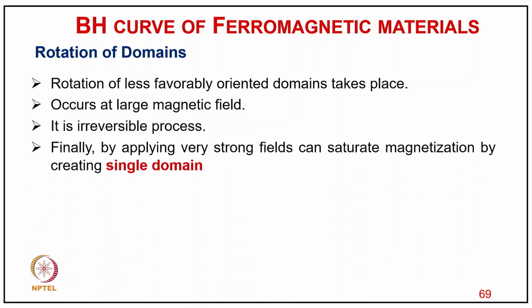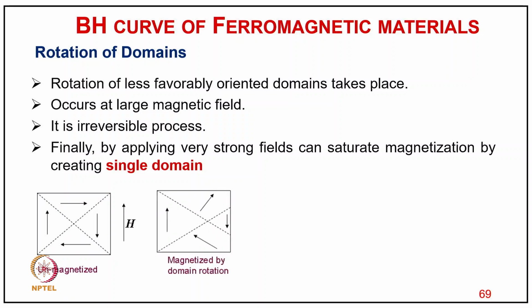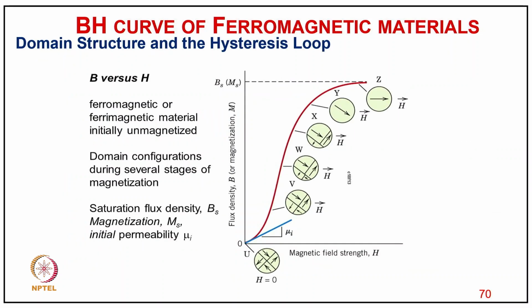It's an irreversible process, and finally applying a very strong field can saturate the magnetization by creating a single domain. You can see how it is unmagnetized and how it is magnetized in the domain direction, and then applying a very strong field saturates the magnetization by creating a single domain.